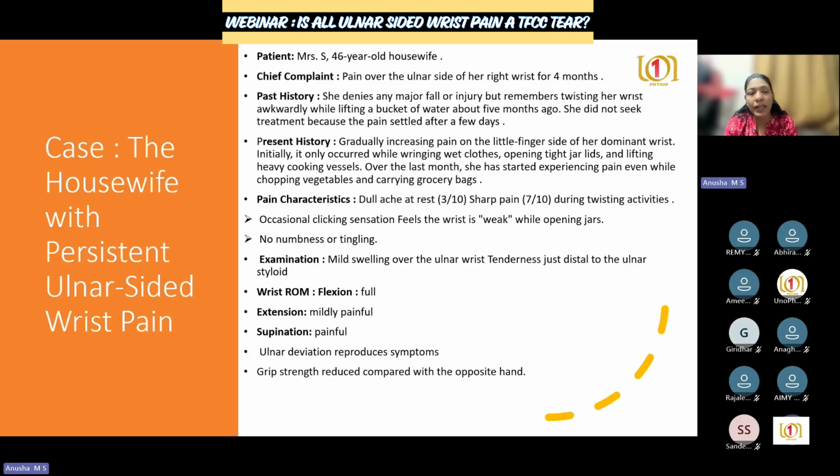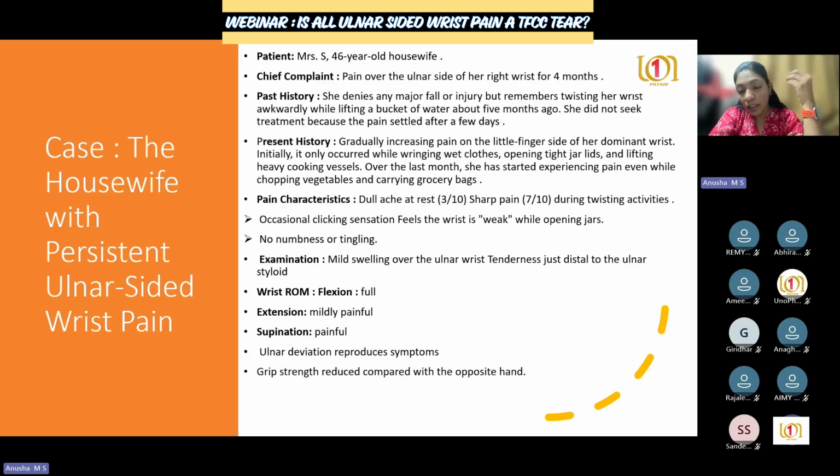Her present complaint is increasing pain on the little finger side, which increases with wringing clothes, opening tight jars, lifting heavy vessels, all those things. Even now, she has pain with chopping activities also. Her pain is a dull ache at rest and sharp pain during twisting activities.